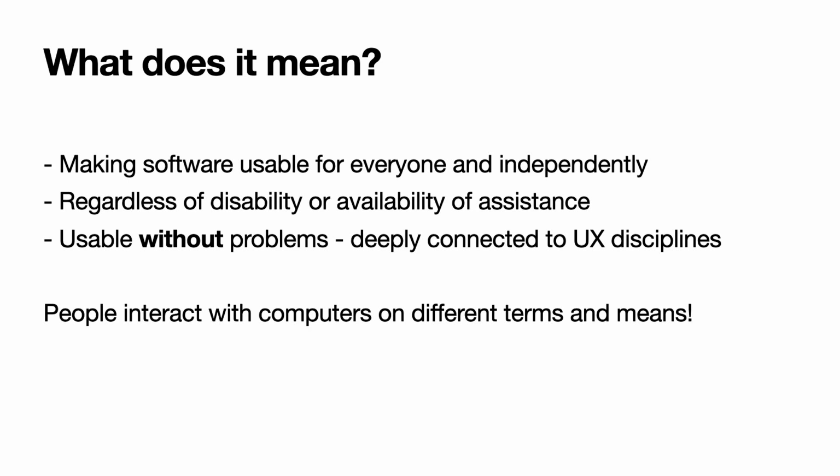And of course, that also means that it is deeply connected to some user experience disciplines. So if you have experience in that, then most of what you know will be somehow applicable to accessibility work. And what you should also know is that people interact with computers with different terms and with different means for the most part.